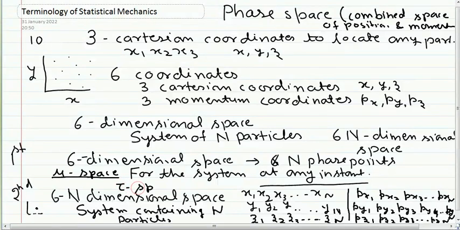This is termed as the tau space, or this is also known as the gamma space. Tau space or gamma space, or more accurately the tau phase space or the gamma phase space.